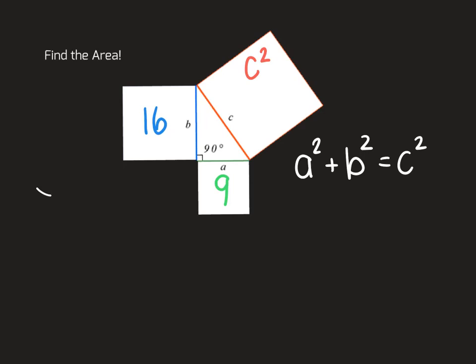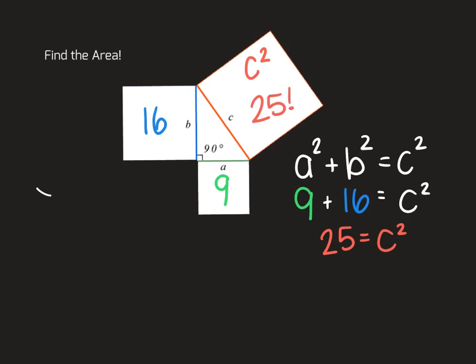We don't have to do anything because we already know that A squared is 9. We know that B squared already is 16. So we just need to figure out what C squared is. We need to figure out that area of C. 9 plus 16 is 25. So the area of this big square is just 25. Perfect.